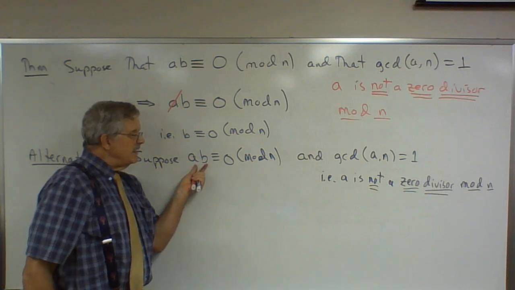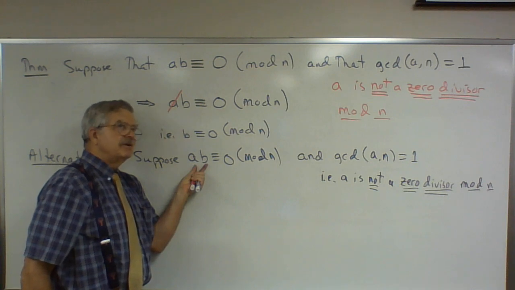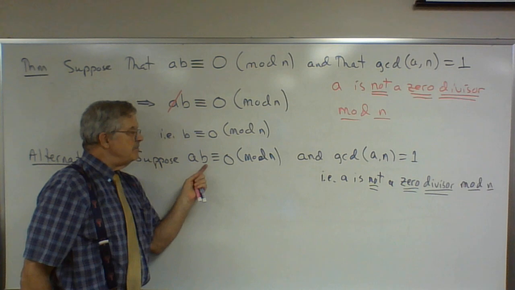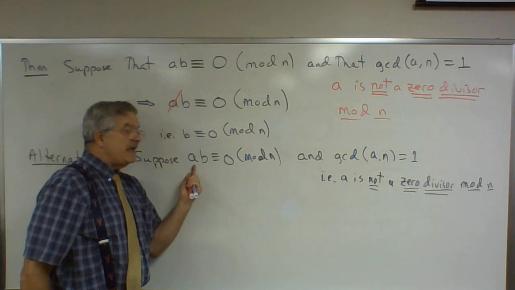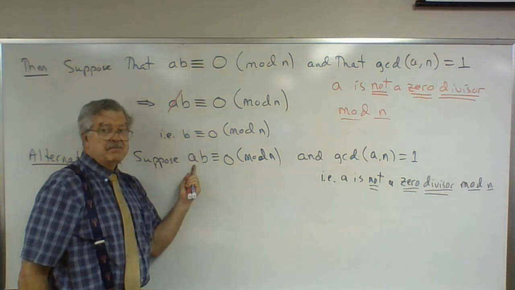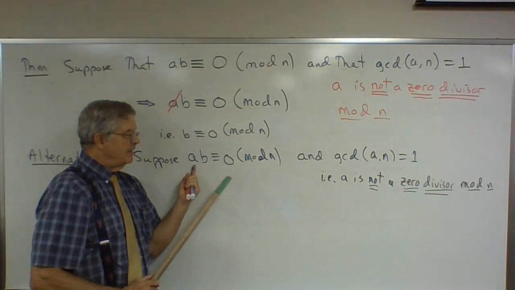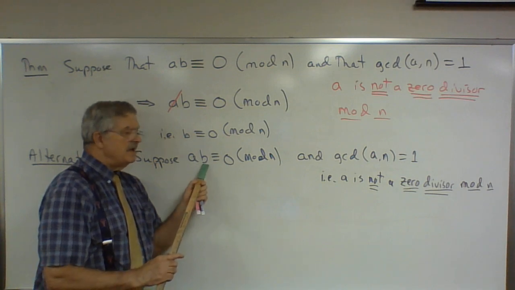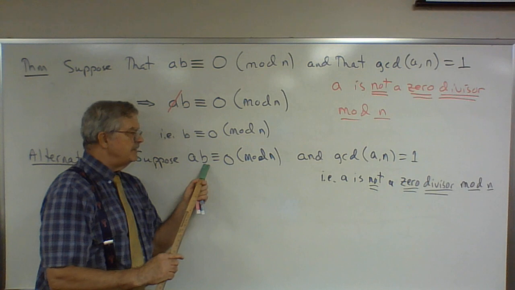So here we can't reason, well, A times B is 0, A's a 0 divisor, B's a 0 divisor. Not going to work. If AB is congruent to 0 because B is a 0 divisor, A would have to be a 0 divisor also. They come in pairs. But we've established that A is not a 0 divisor. So a non-zero divisor times a 0 divisor is not going to give us 0.